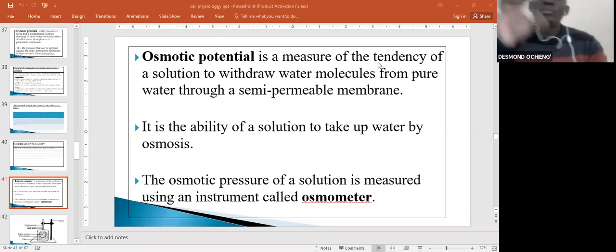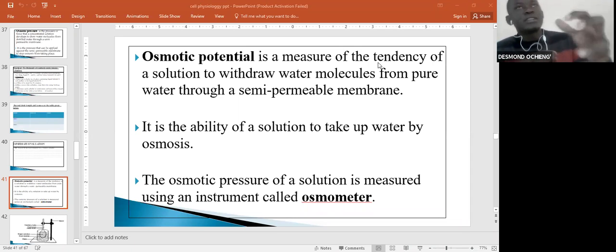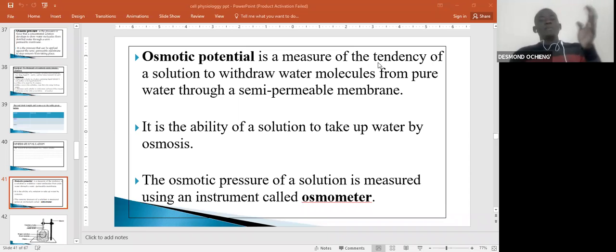KLB puts osmotic potential as the hidden pressure or the hidden force that only becomes real when a concentrated solution is separated from a dilute solution using a semi-permeable what? Membrane. Okay?